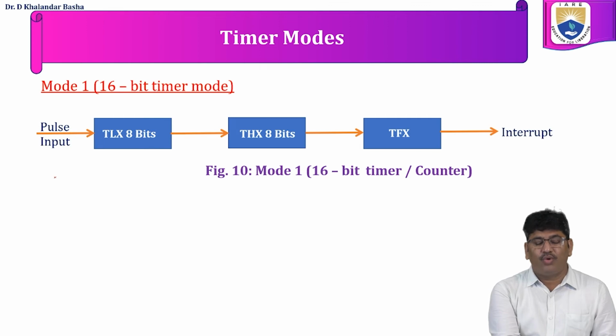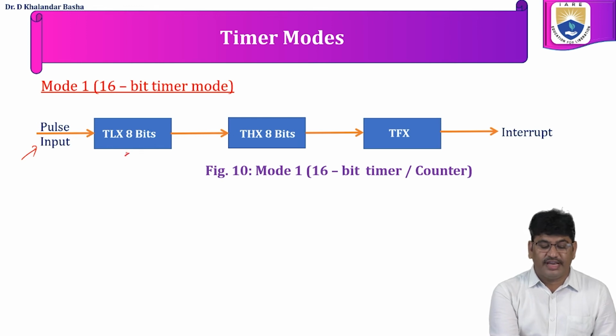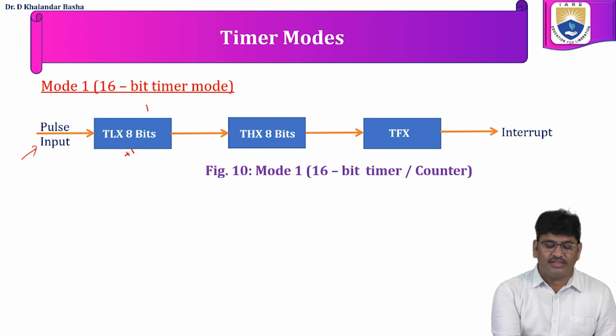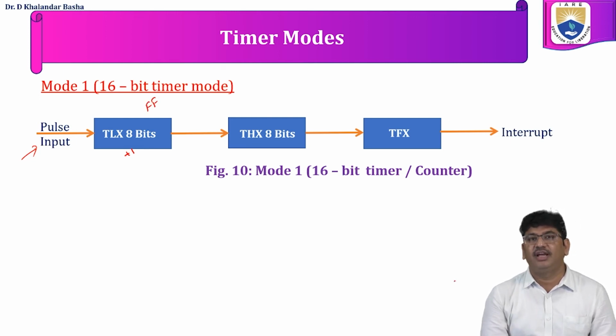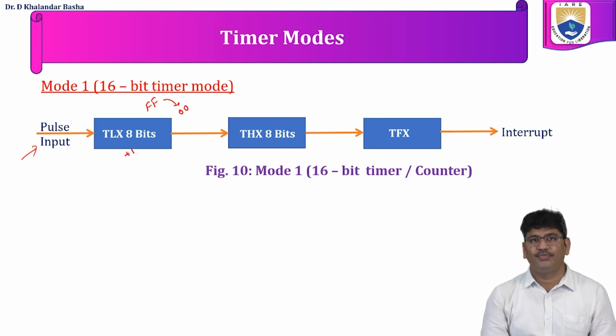Then for mode 1 operation, whenever any pulse input is given, the TLX, which is an 8-bit register, is incremented by 1. So this increment will take place until the TLX register is incremented up to FF. Whenever again any pulse input is generated, this will be rolled back from FF to 0, 0.